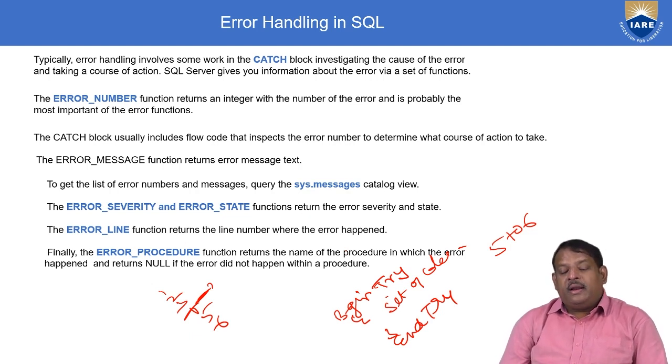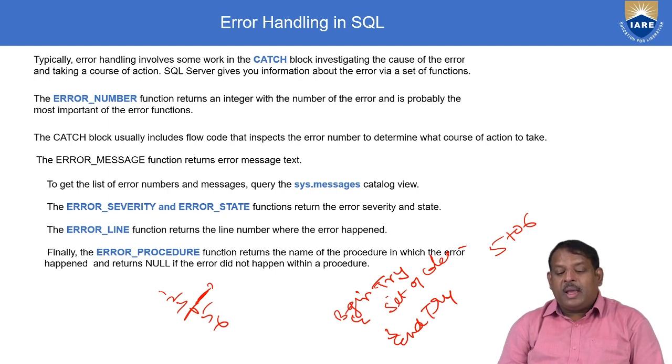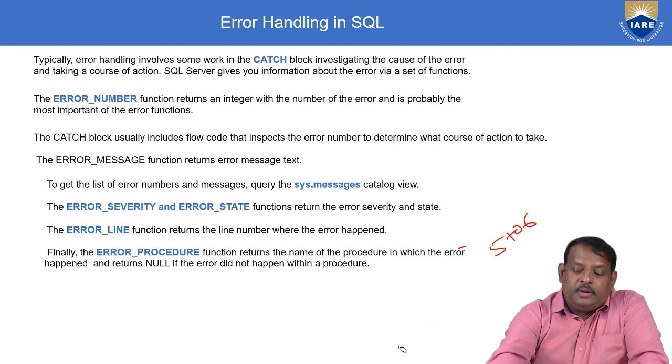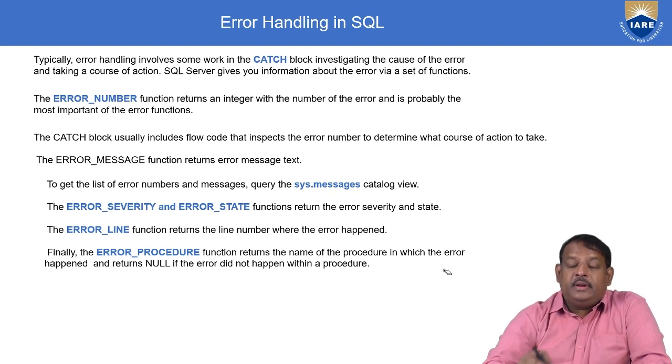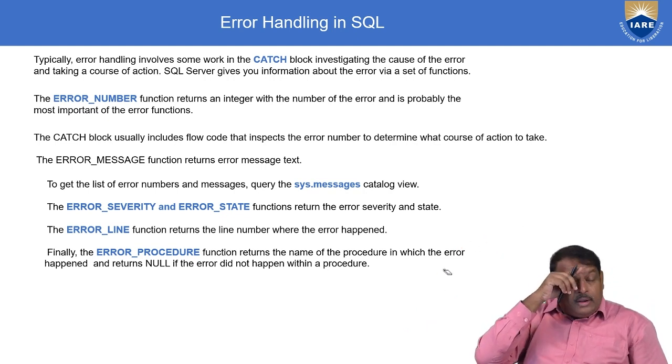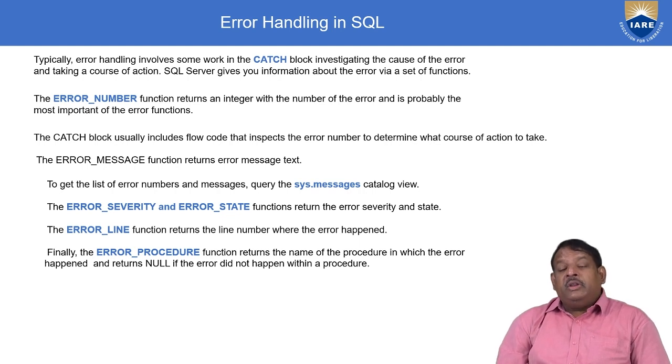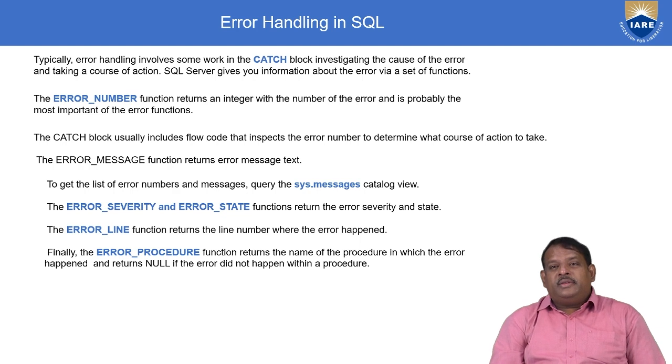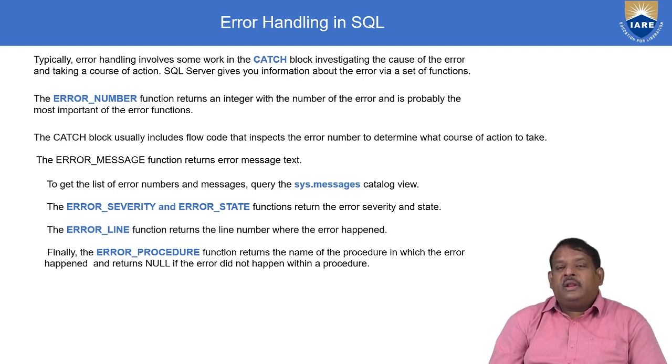Finally, the error underscore procedure function returns the name of the procedure in which the error happened, and returns null when no error happened in the procedure. It is an inbuilt function. When you call this, it will tell you the name of the procedure in which the error occurred.